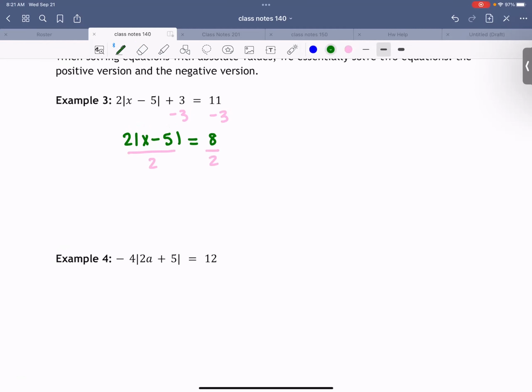You can kind of imagine the absolute value symbols as parentheses. Okay, the absolute value of x minus 5 equals 4.